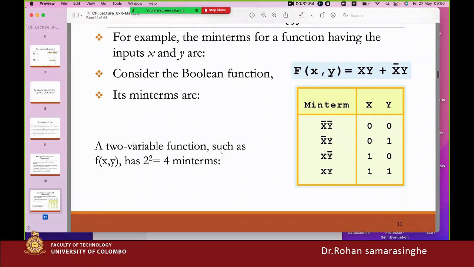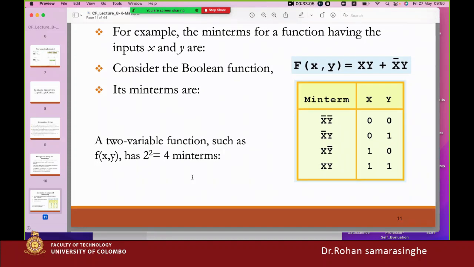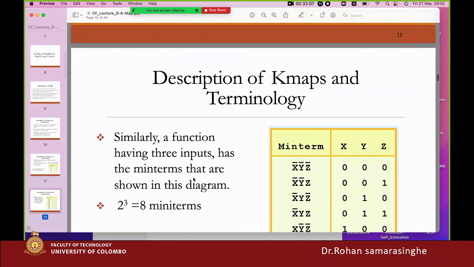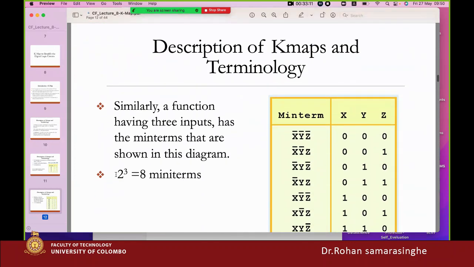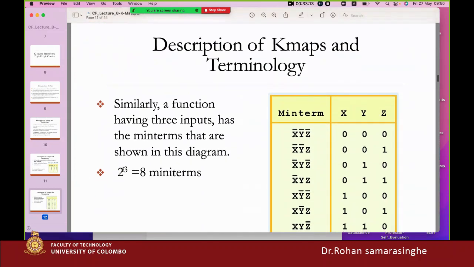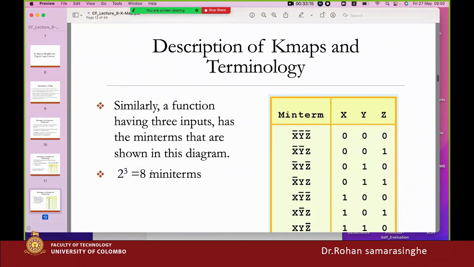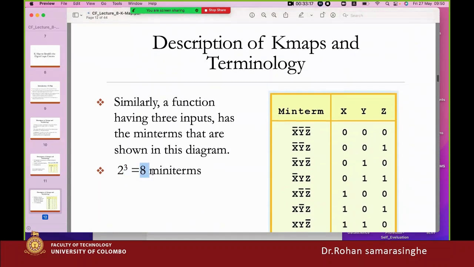That means if there are two variables, the maximum minterms we can have is 2 to the power 2, that is 4. If there are three variables, x, y, z, the maximum minterms is 8.